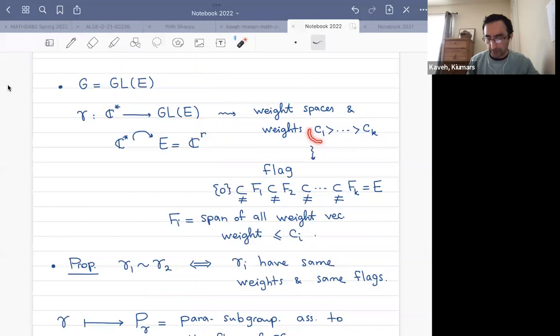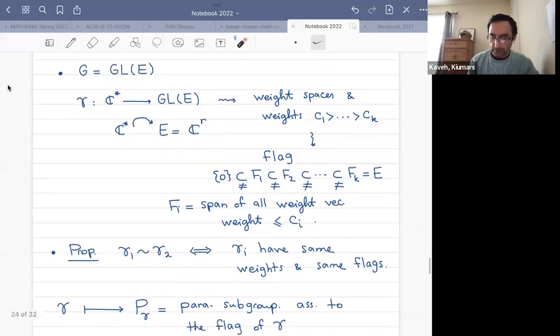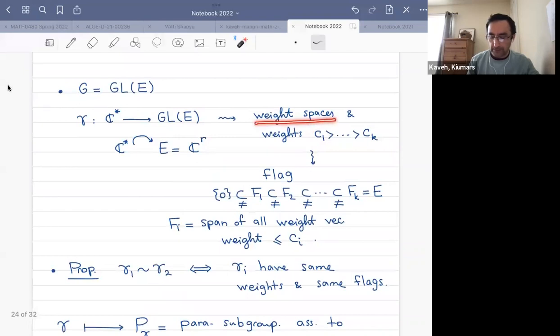You can order them increasingly or decreasingly, and it has some weight spaces. You can order the weight spaces based on the ordering of weights, and then add up the corresponding weight spaces, you get a flag.